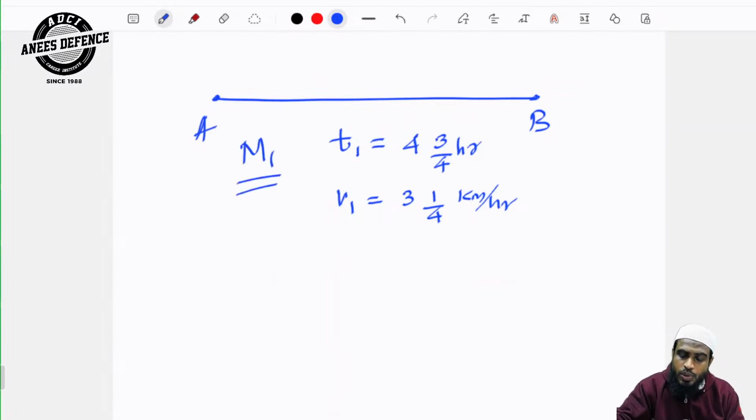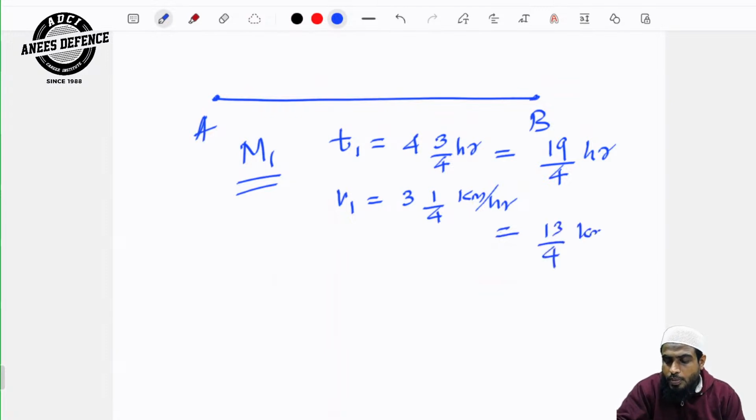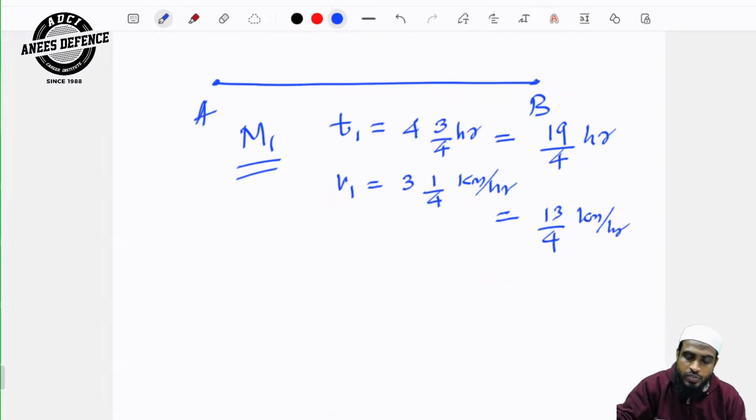So here you have to convert this into an improper fraction. That means 4 into 4, 16, 16 plus 3, 19. 19 by 4 hours. This mixed fraction should be converted into a normal simple fraction. The speed: 4 into 3, 12 plus 1, 13 by 4 kilometer per hour. So what is the distance?